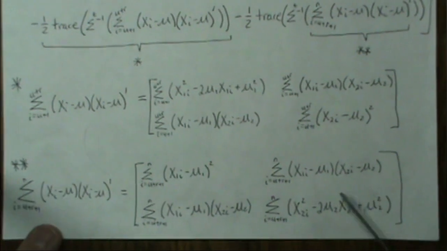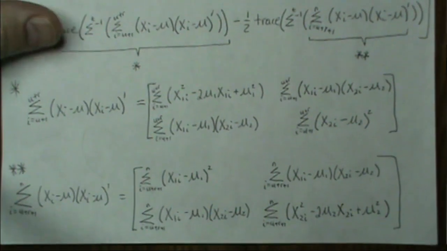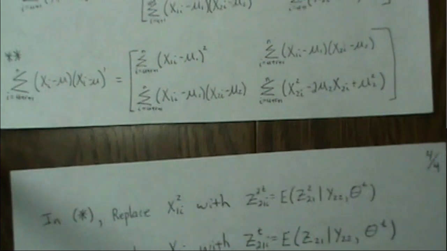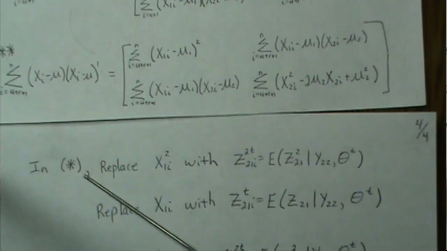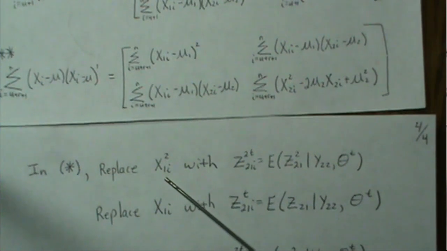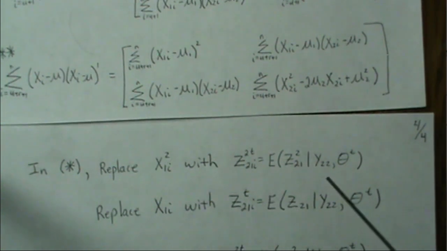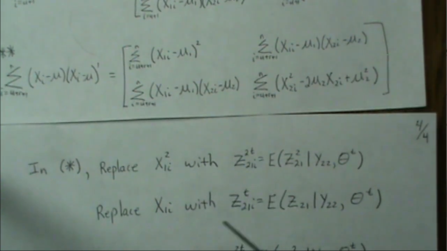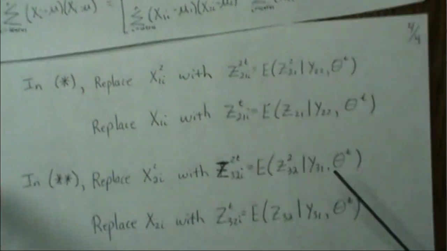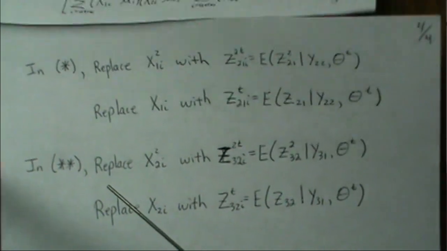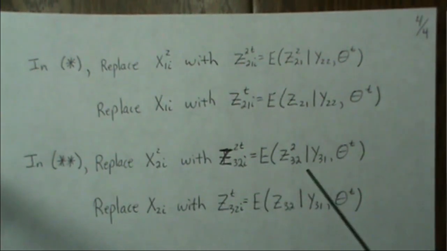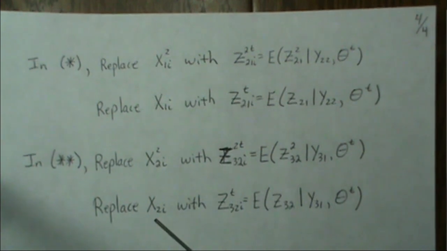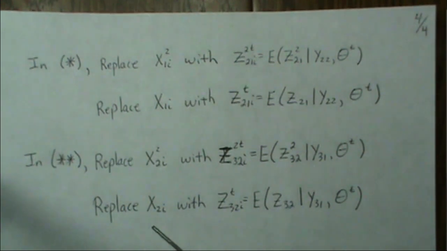In the same way for this, you take the expected value of just that second component. So we're going to replace, in star, the x1i squared with its expected value, the xi with its expected value, and then in the second asterisk, we're going to replace it with its expected value, and then that's it. And then we maximize it.